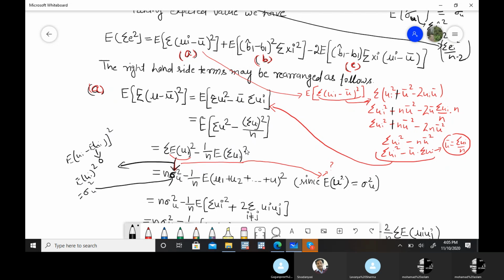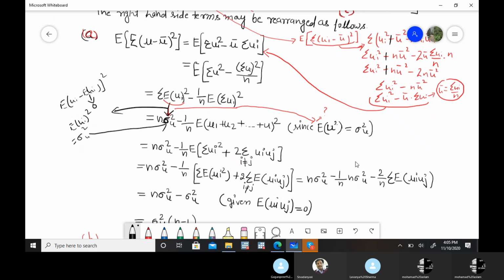And if you open this term, what it means, summation u hat square, is the summation of all the individual values. And if you open it again, this is a square of all the individual values plus their 2ab, 2bc, 2ca, the process I explained in the variance of beta 2 hat.